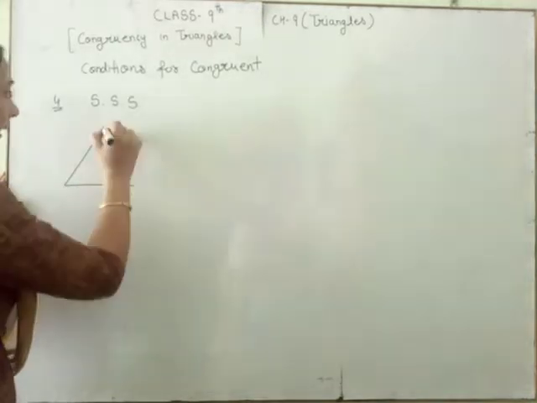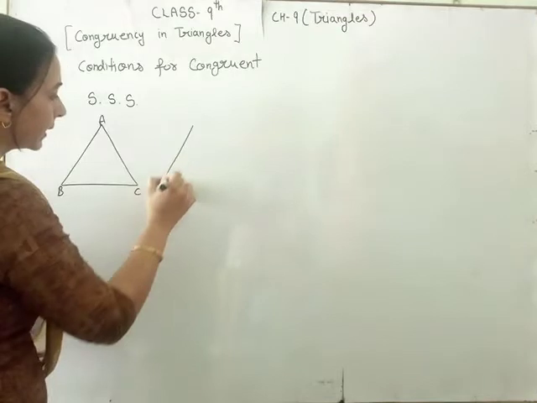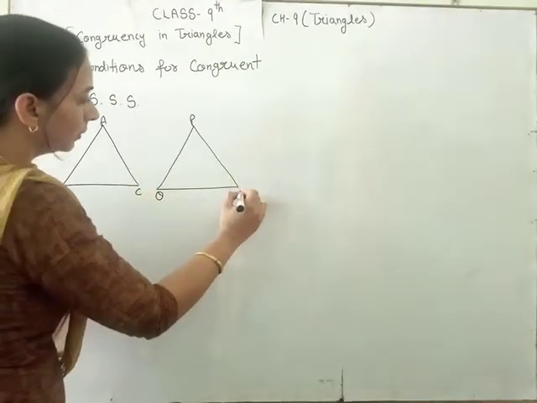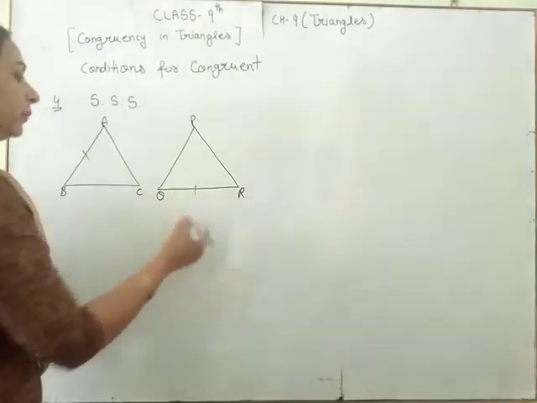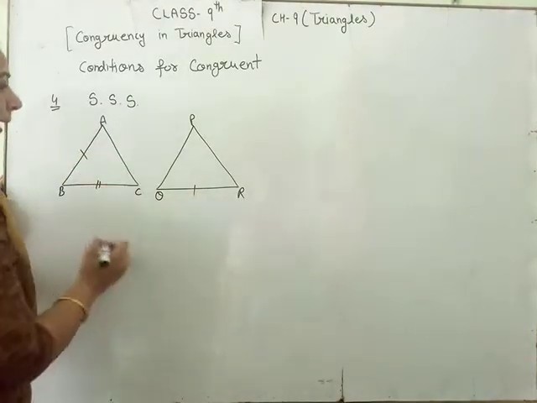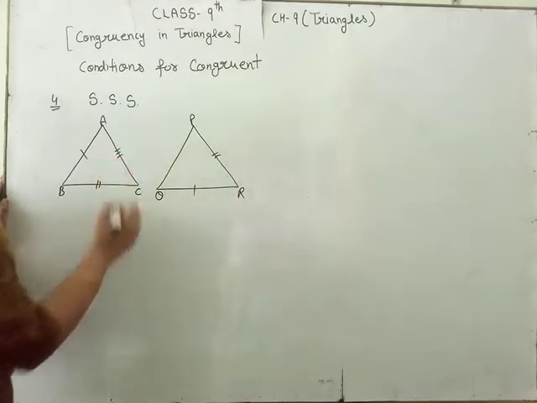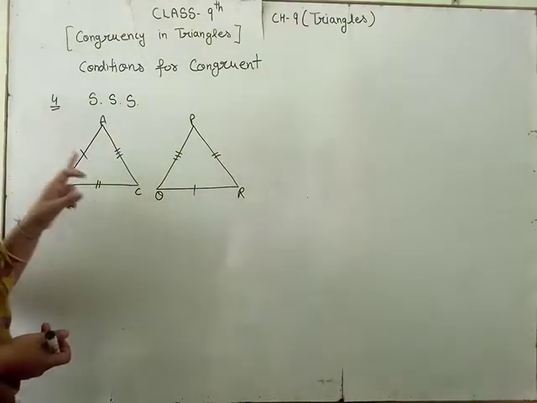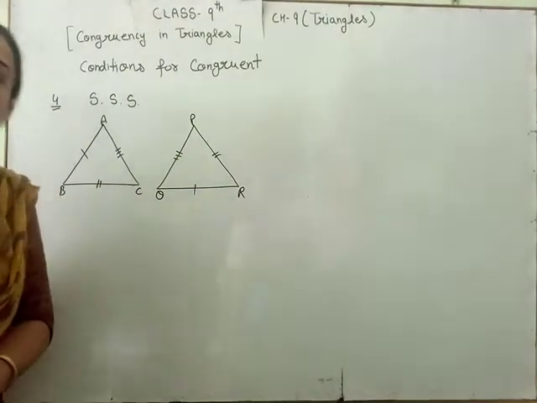If we have triangle ABC and next triangle PQR, if AB equals QR, and BC equals PR, and next AC equals PQ, then if three sides of one triangle equal three sides of the second triangle, these two triangles are congruent.